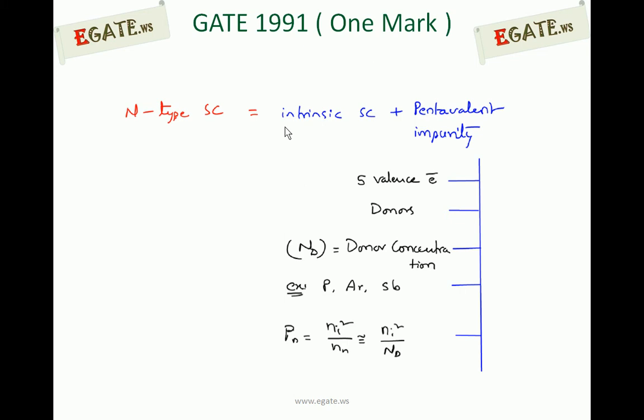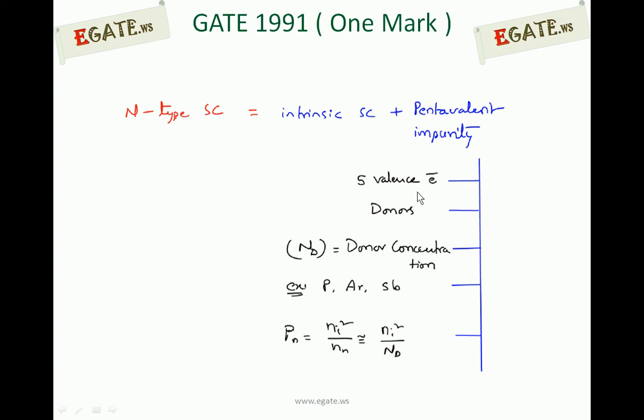An N-type semiconductor can be formed by adding pentavalent impurity to the intrinsic semiconductor. Pentavalent impurity, as the name says, consists of 5 valence electrons.